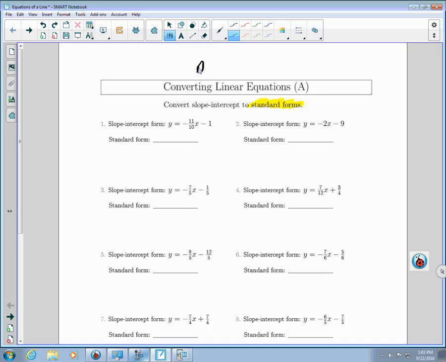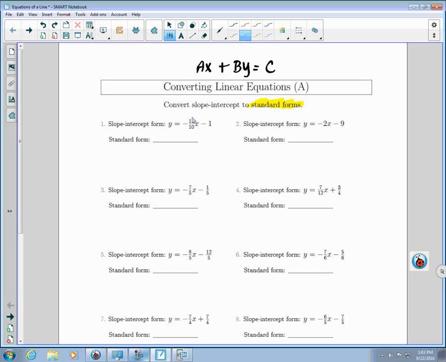I didn't hear that, but the standard form is AX plus BY equals C, where A, B, and C are integers. You cannot have fractions and you cannot have decimals. If you watched the video yesterday, you should be okay with what we're doing today because the video was a lot harder than this right here. All right?